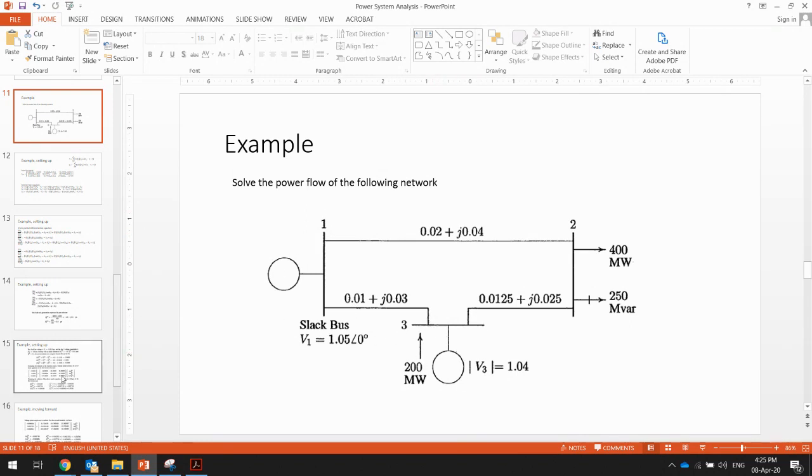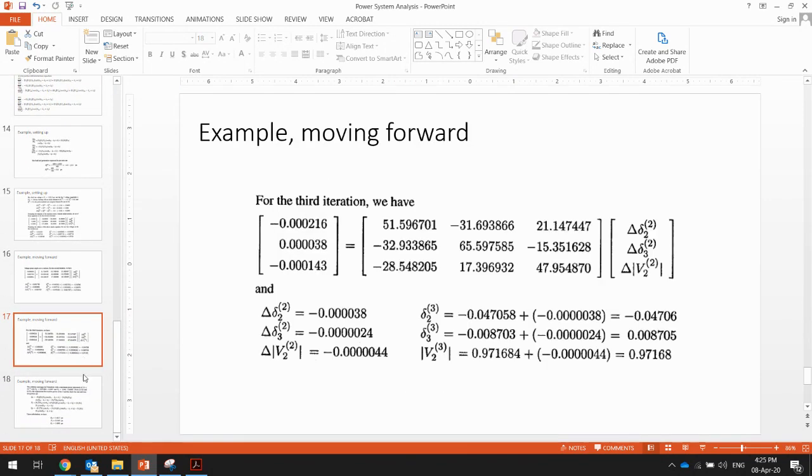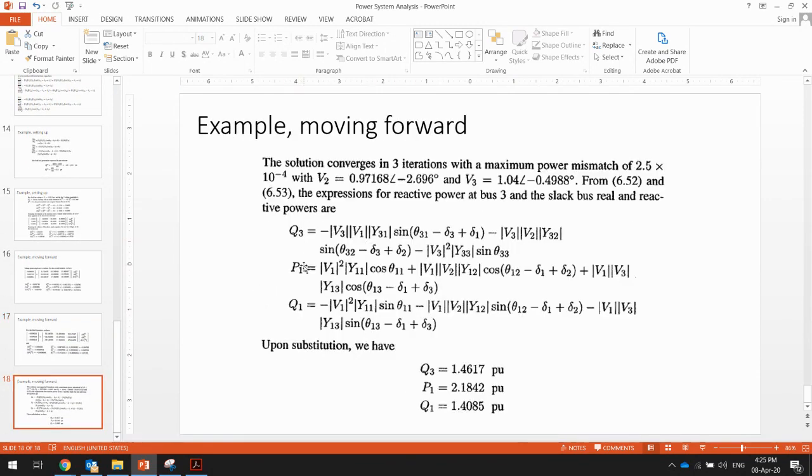So you go ahead and form the power flow equations for P1 and Q1 and also Q3. The way they are formed is the same as the way we form P2, Q2 and also P3 over here. So we form the equations for P1, Q1 and Q3.